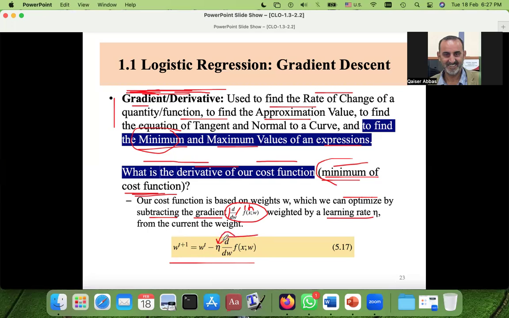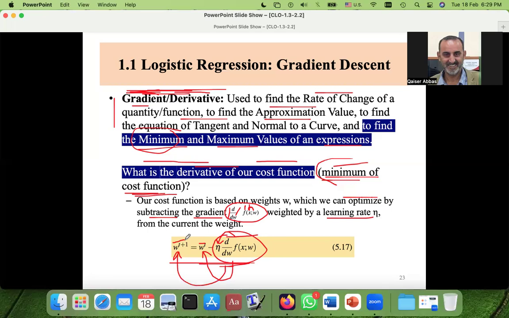Whatever values you get here, you will subtract those values from the weight. Then you will have some updated value, and you will update the weights that you already have with it.